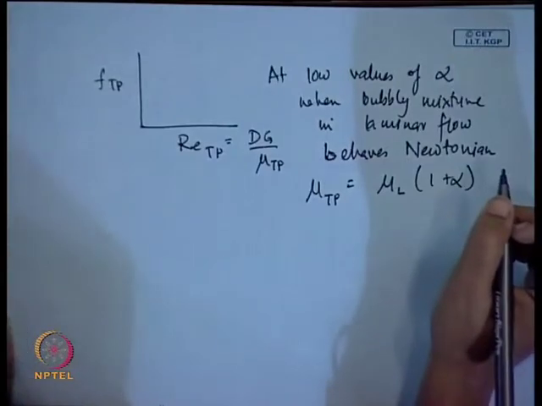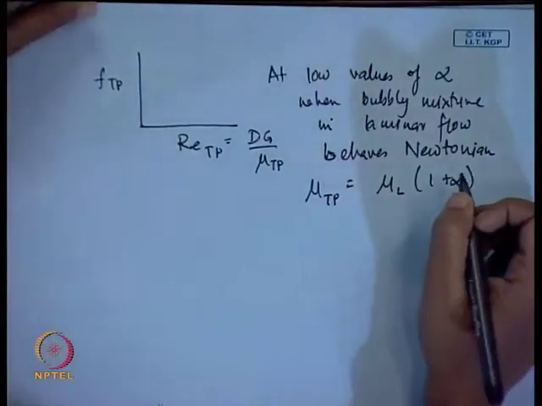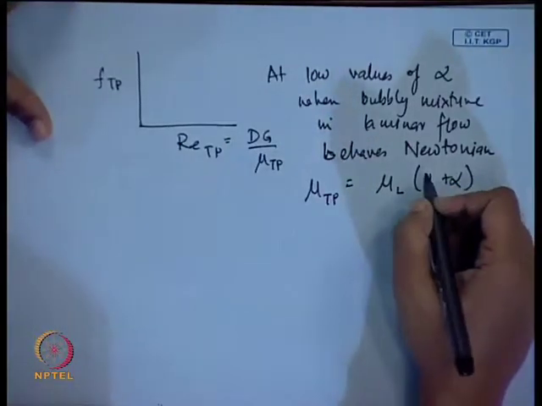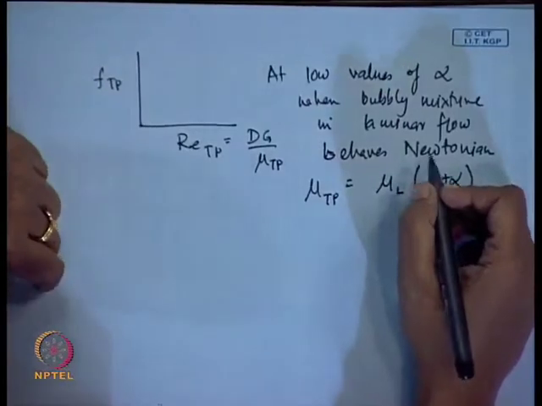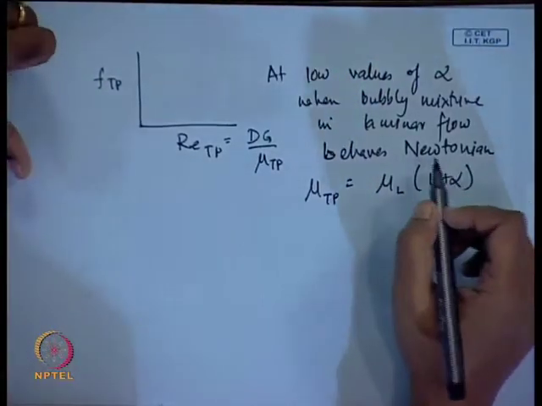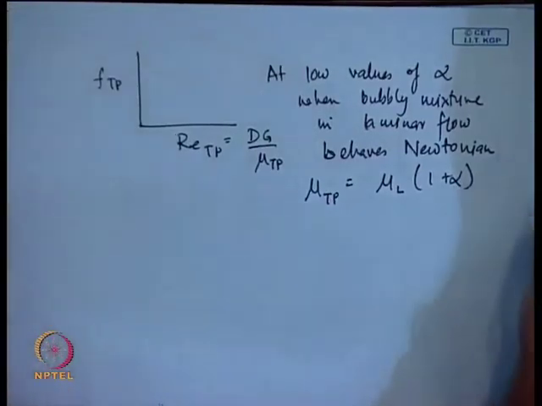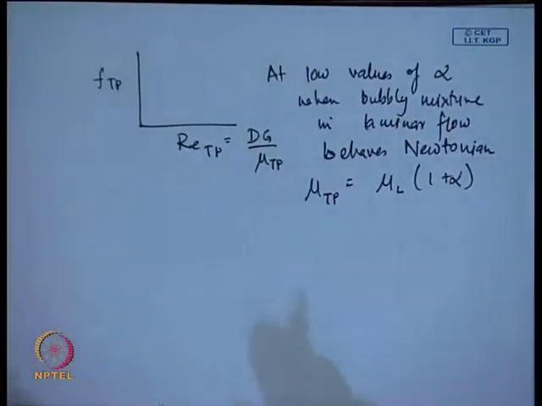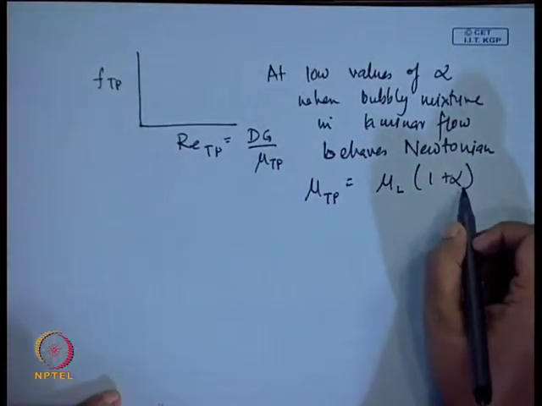And for contaminated liquids, we find that the influence of alpha enhances the tendency of the bubbles to behave as solid spheres. Okay. So, therefore, when the value of alpha is very low, the bubbly mixture is in laminar flow, and it behaves as a Newtonian fluid. Under such conditions mu_TP can be written in this particular expression.